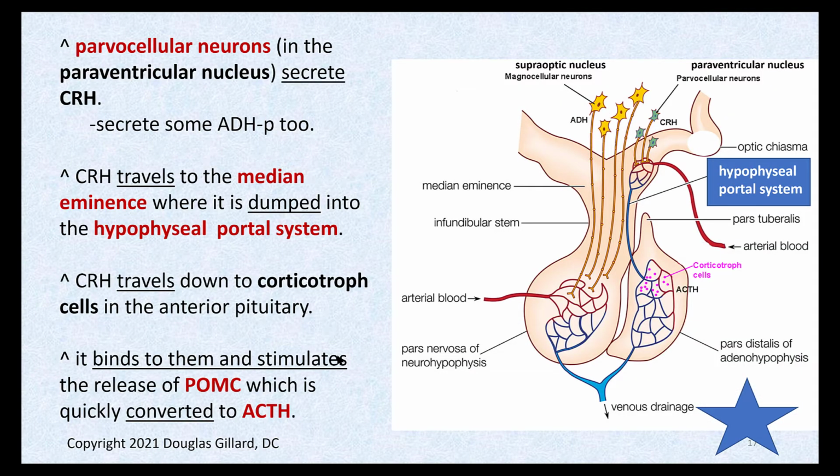Question? Just wondering about the ADH that's made in the supraoptic nucleus. That's only ever the regular ADH, and then the ADH-p is only ever made in the parvocellular? Yes. Okay. Yes. They never jump ship. This regular ADH never gets to the anterior pituitary.